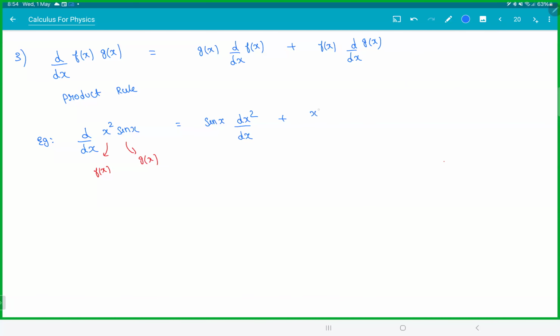And when you differentiate sine x, x square will be outside. So sine x is sine x, x square's differential is 2x. Sine's differential is cos x. 2x sine x plus x square cos x. Check.